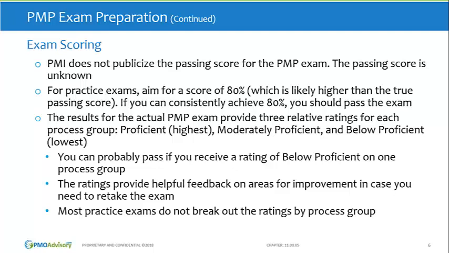Now, if you get a below proficient rating on one process group, you can probably still pass. These ratings give you helpful feedback in case you need to retake the exam, and then you will know which areas to concentrate on with additional study. However, most of the practice exams do not provide these ratings by process group.